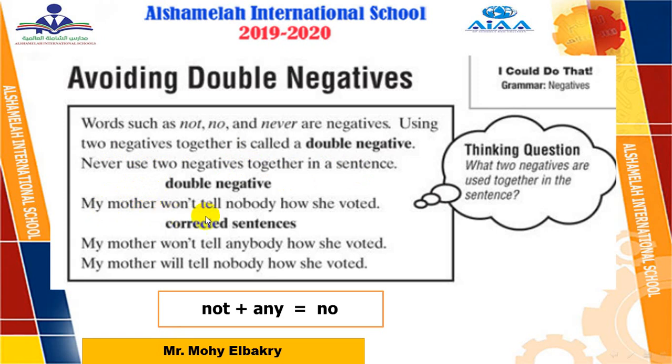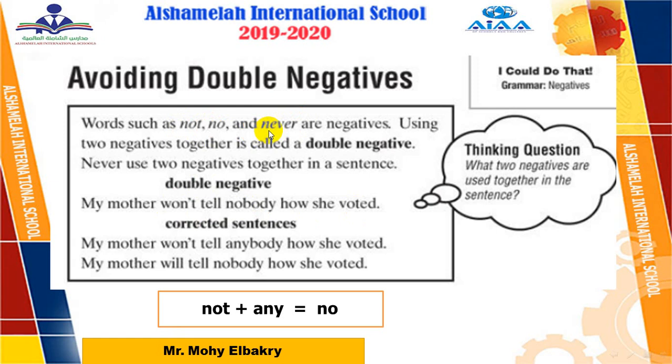My mother won't tell nobody how she voted. So here in this sentence we have 2 negatives. How, mister? Yes, we have won't, the first one, nobody. So here no, as I said before, not, no, never, and so on are used as negative.